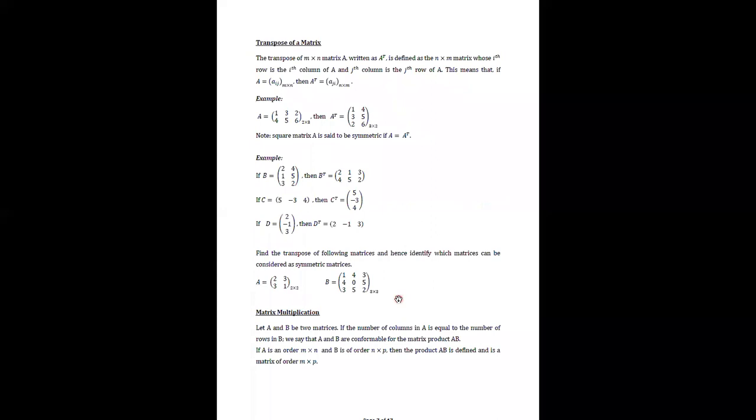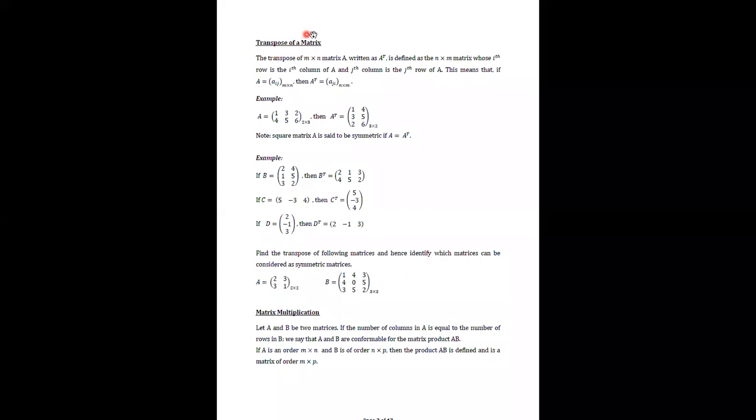If I move to the next part, for this session I will discuss up to the transpose of a matrix only, and in the next session, I will discuss matrix multiplication. Now we will consider the transpose of a matrix.